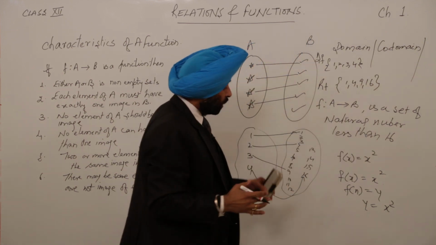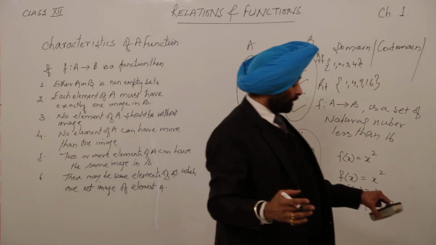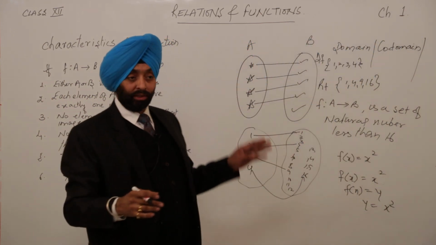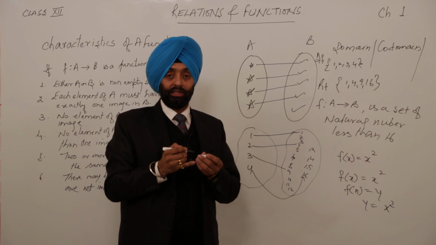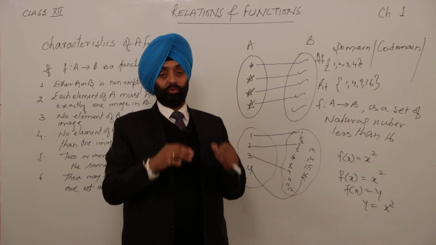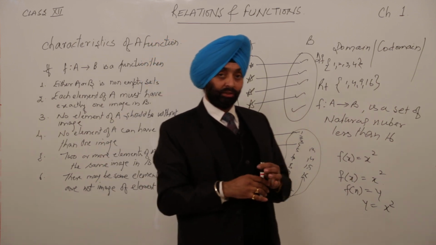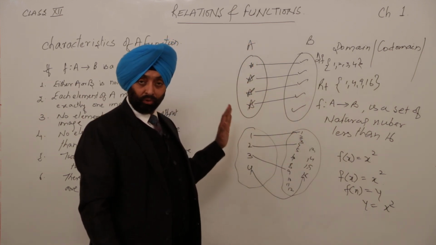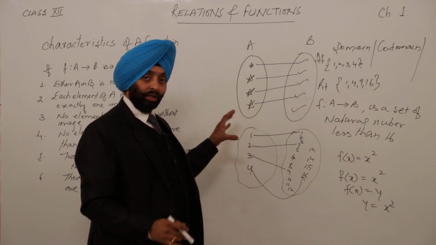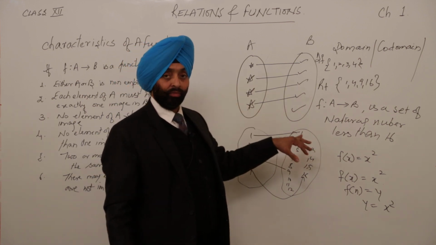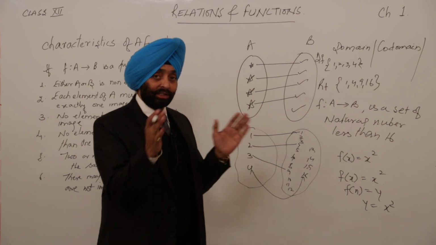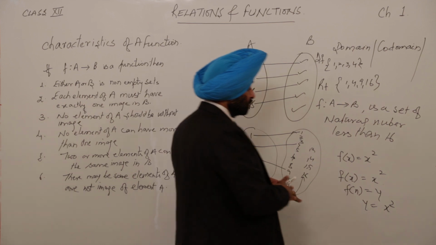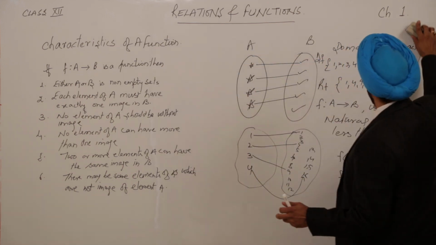Now what about the remaining elements in set B, other than 1, 4, 9, 16? Those are called the codomain. Again, whatever inputs we take from A and put into B, we get some results. Those results are the range, and that is a function.